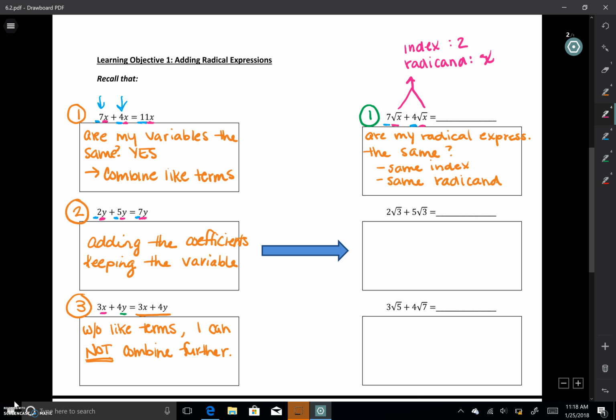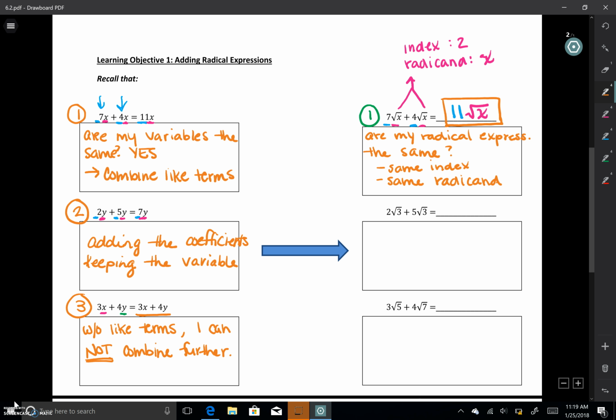So in other words, at this point, I have like terms. And since I have like terms, I'm going to add these two terms together the same way I would as example 1. So I add my coefficients 7 and 4 to get 11, and I'm going to keep that square root of x, and that would be my final answer, 11 square root of x.